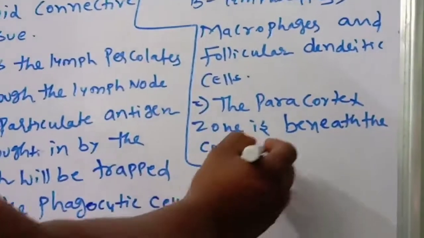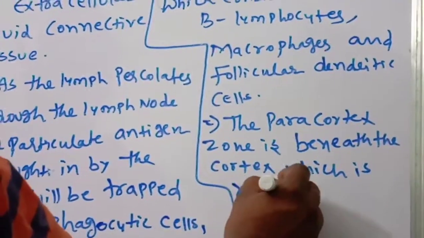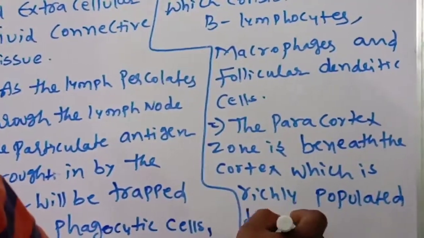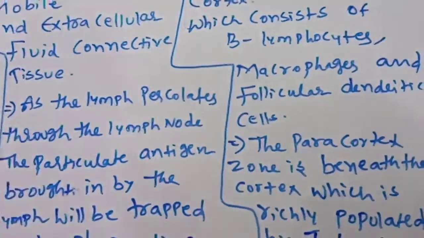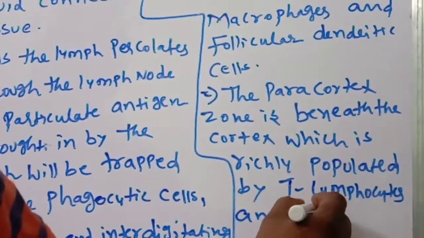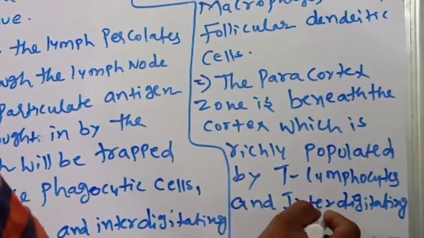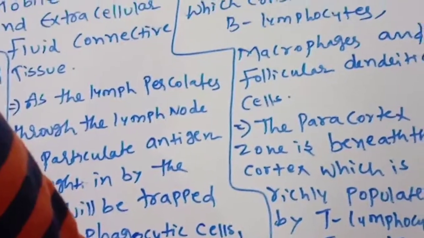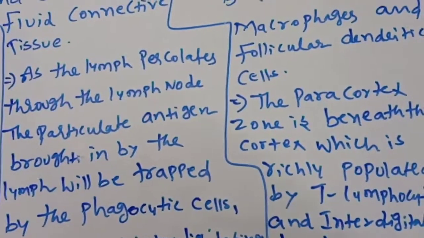It is richly populated by T lymphocytes and interdigitating dendritic cells.